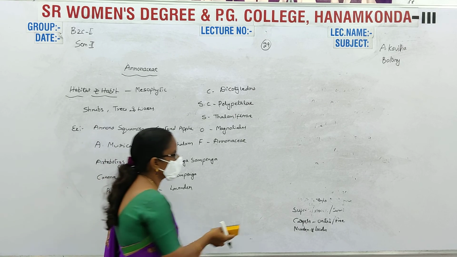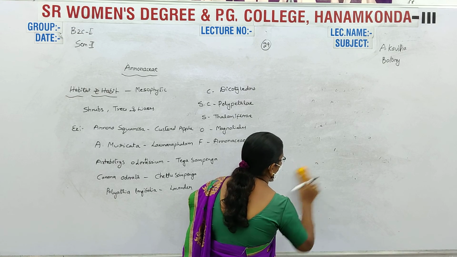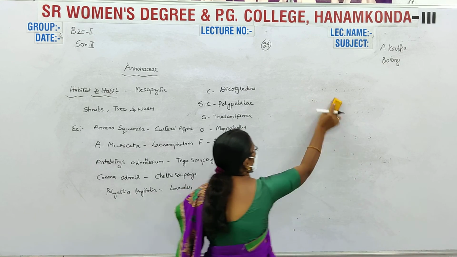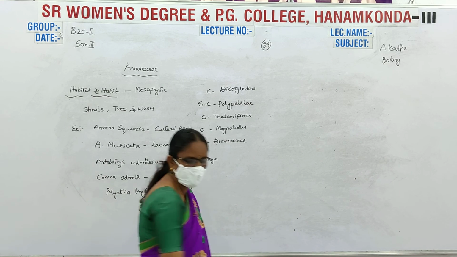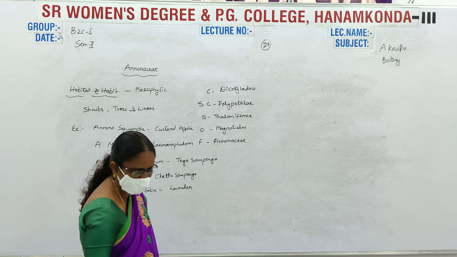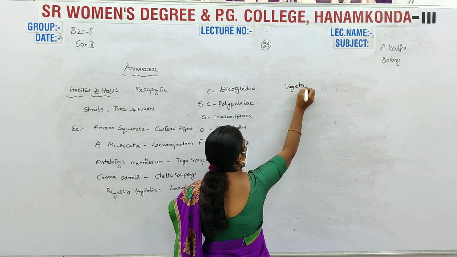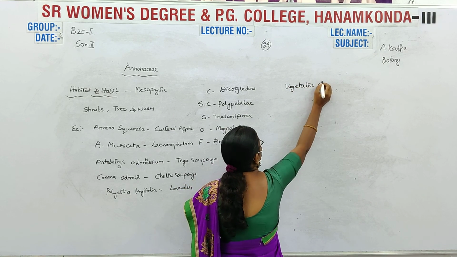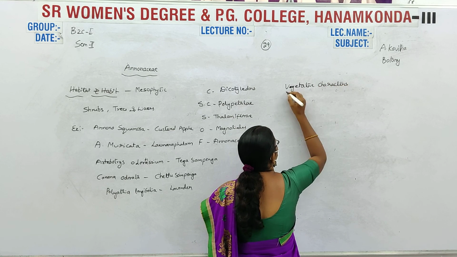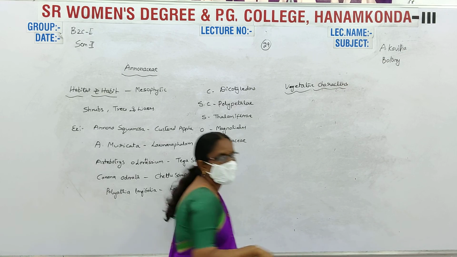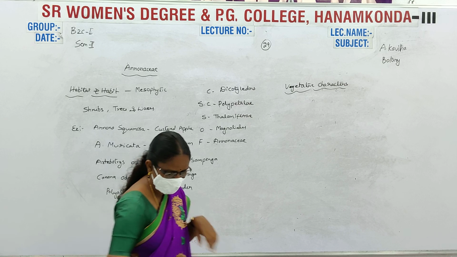Next is the vegetative characters of the Annonaceae family. The first side heading is root.